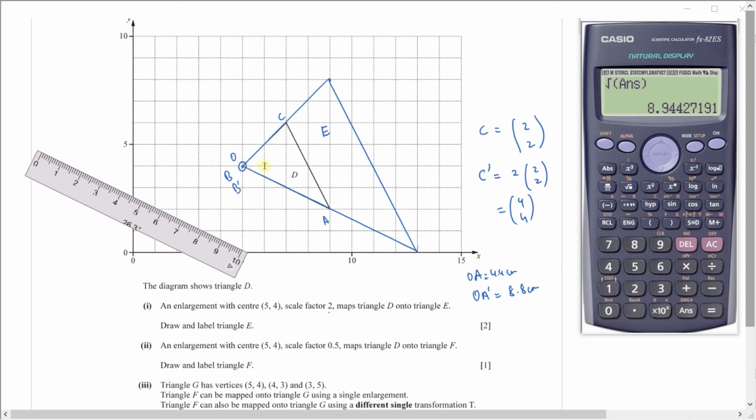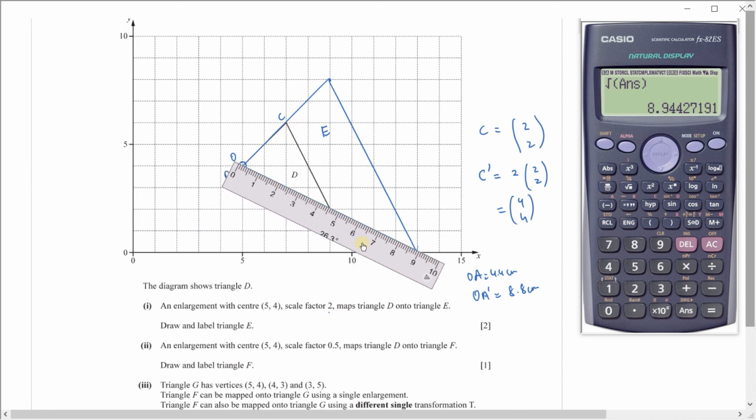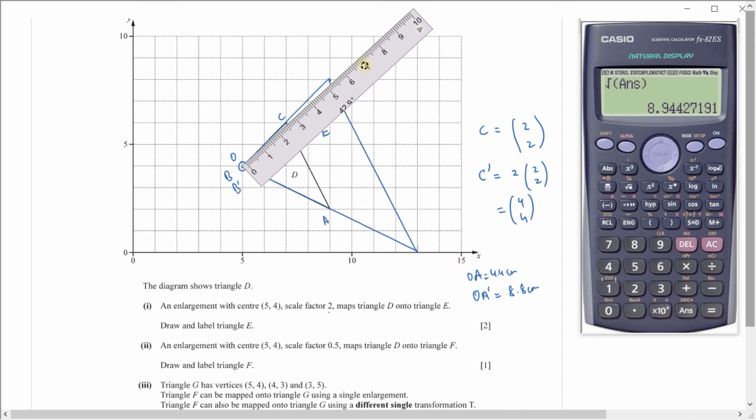And then again, I will use the ruler now to find C dash. Your point C here is at a distance of about 2.8 centimeters from your center of enlargement here. So now I will halve that distance.